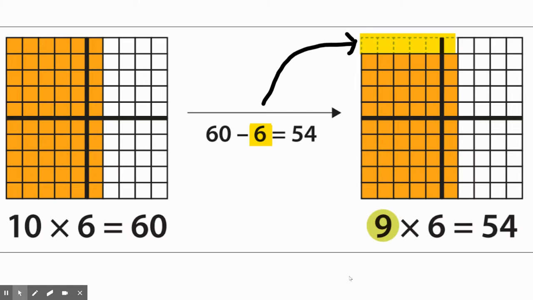Now if we go to the figure on the right, we can see at the top where the arrow's pointing, we have an extra set of 6 because we only need 9 sixes. So if we take 10 sixes, which is 60, and we subtract that extra set of 6, we get 54. And that tells us that 9 groups of 6 is 54.